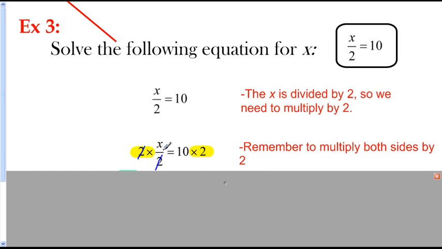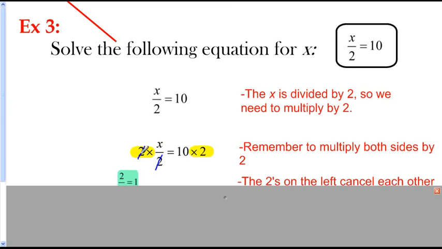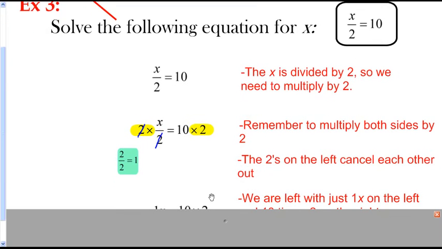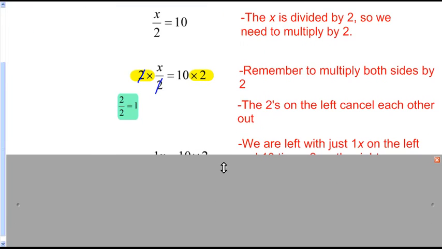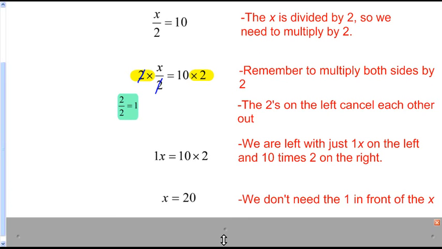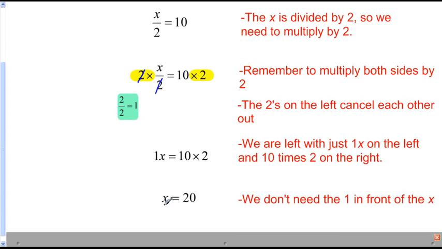Or if you think, 2 divided by 2 will give us 1x, which is what we want. But whatever we do to the left side, we have to do to the right side, so we have the times 2 over there. And then I scroll down here, we are left with just 1x is equal to 10 times 2. And then finally, we don't need to write the 1, we can just write x, and 10 times 2 is 20.